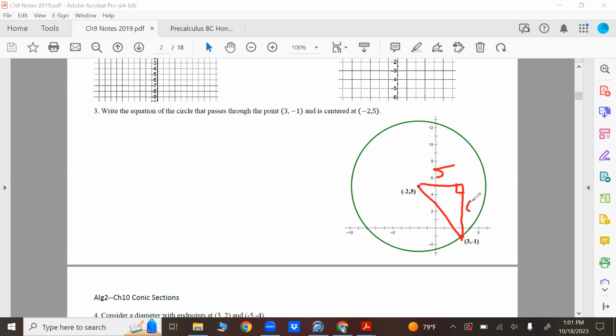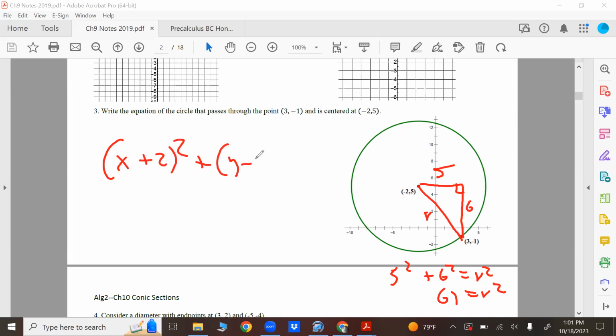Yes, 5 and 6, or call it R. So 5 squared plus 6 squared equals R squared. R squared is 61. You don't have to say root 61 because we're just going to put 61 in the equation. X plus 2 squared plus y minus 5 squared equals 61. Cool? Good. Okay, let's keep moving.